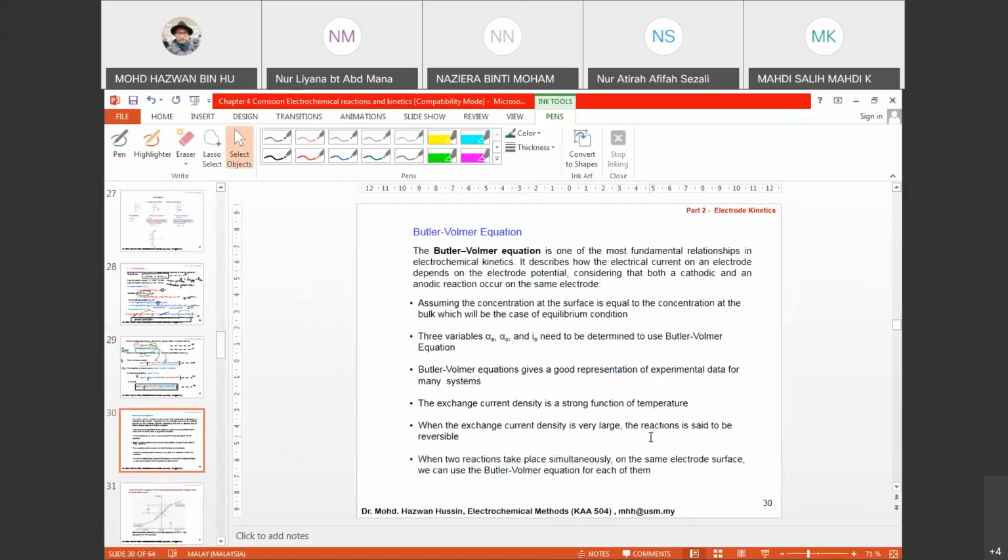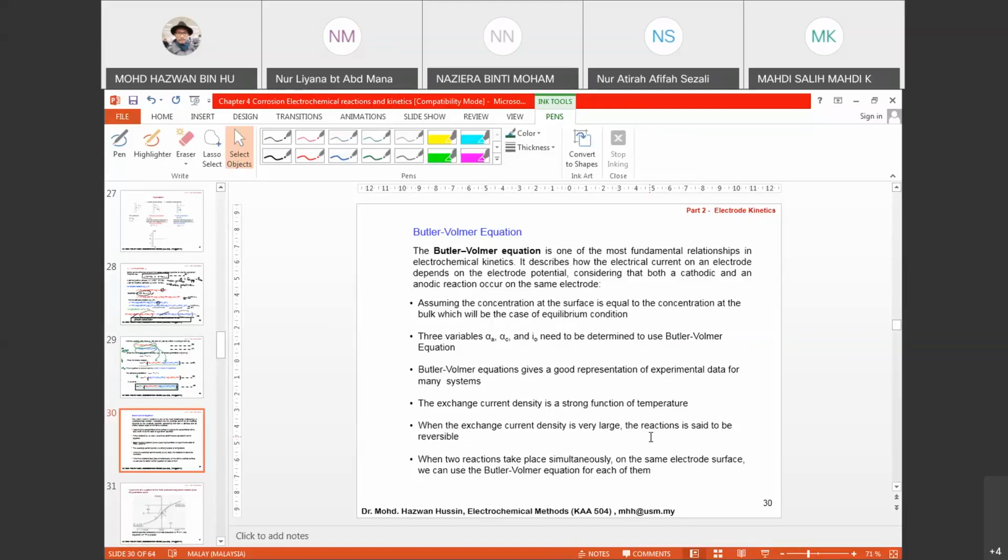Right. The Butler Volmer equation is one of the most fundamental relationships in electrochemical kinetics. It describes how the electrical current at an electrode depends on the electrode potential, considering that both anodic and cathodic reactions occur at the same electrode. It assumes the concentration at the surface is equal to the concentration in the bulk, which is the case at equilibrium condition.